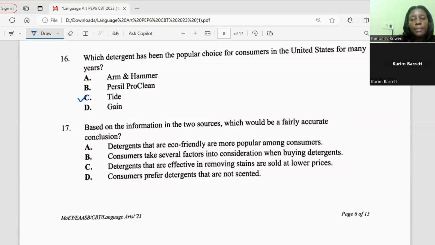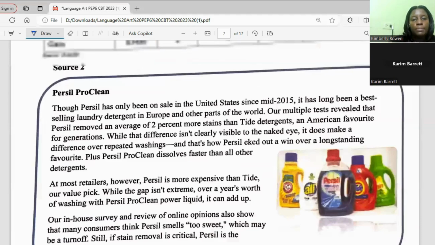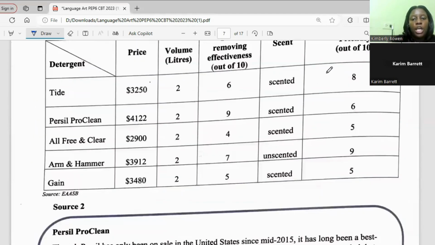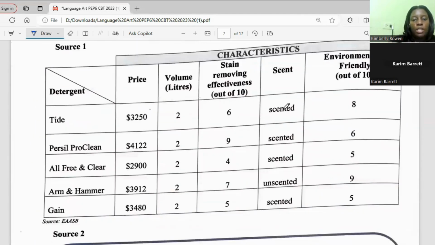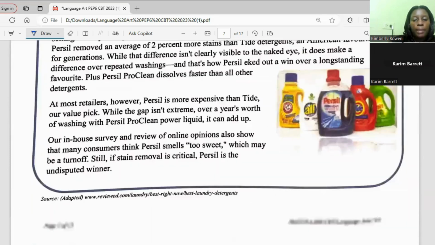So based on the table, look back at the table while I'm speaking. So more consumers preferred scented detergents, and the eco-friendliness of the detergent doesn't necessarily, let me just look back at the answer.